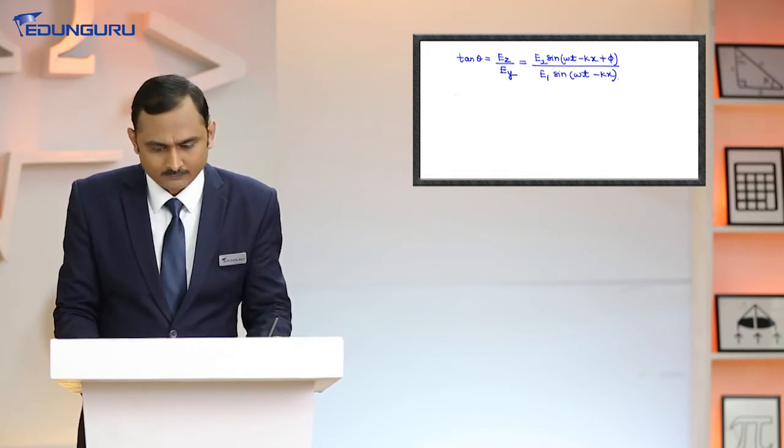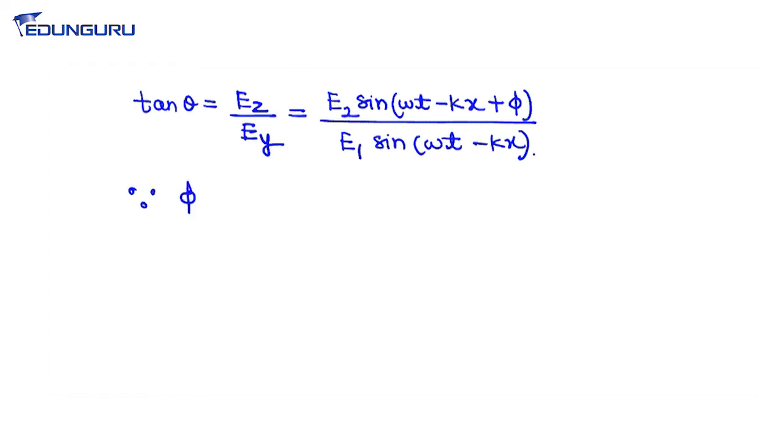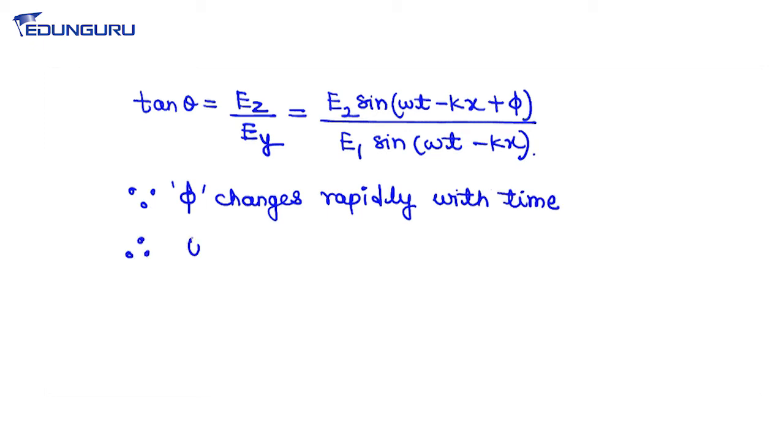Since phi changes rapidly with time, theta also changes with time. Therefore we can say that the light is unpolarized, because the resultant field is continuously changing in magnitude as well as in direction.